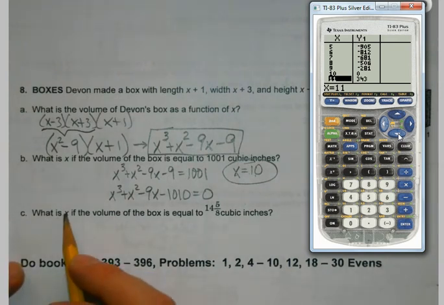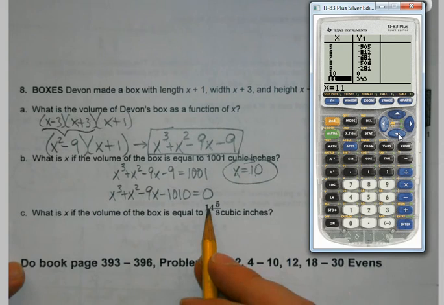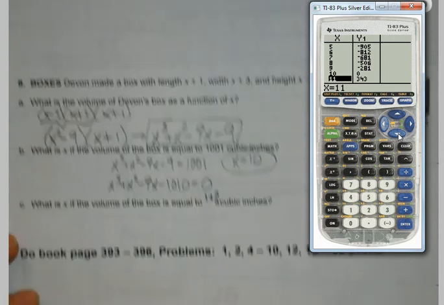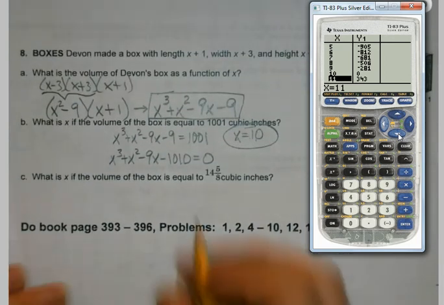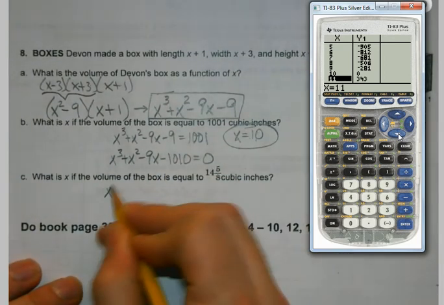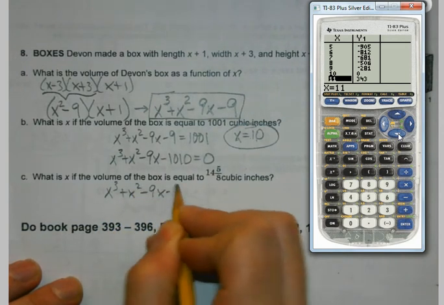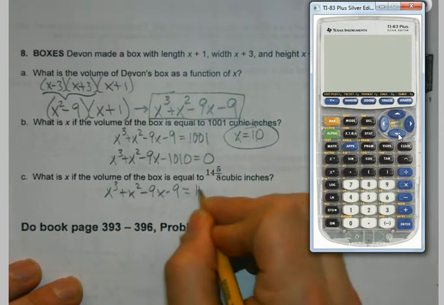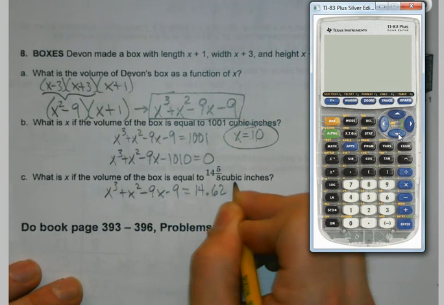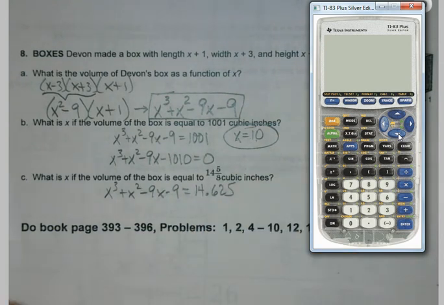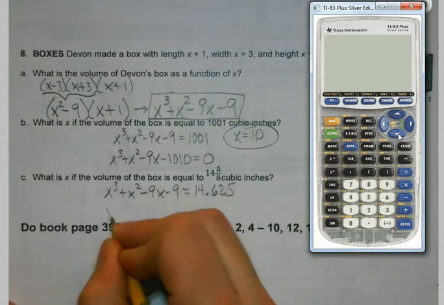What is x if the volume of the box is equal to 14 5/8 cubic inches? Lovely. So basically we're doing the same thing, except now I'm even going to a decimal on this. 5/8 as a decimal is 0.625. I'm still going to subtract it over.